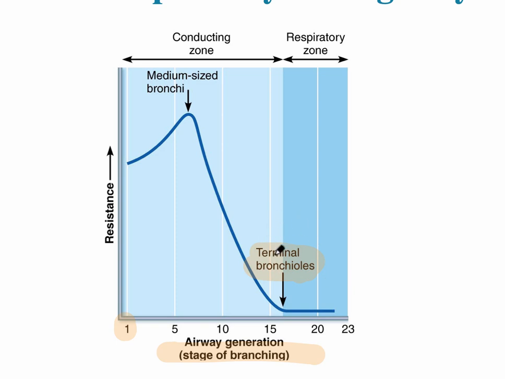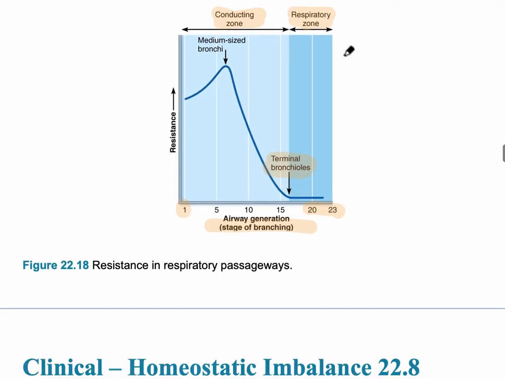Remember, the terminal bronchiole is the last part of the conducting zone. That leads into the respiratory zone where gas exchange happens, and that includes the respiratory bronchiole leading into the alveolar duct where the various alveoli are.